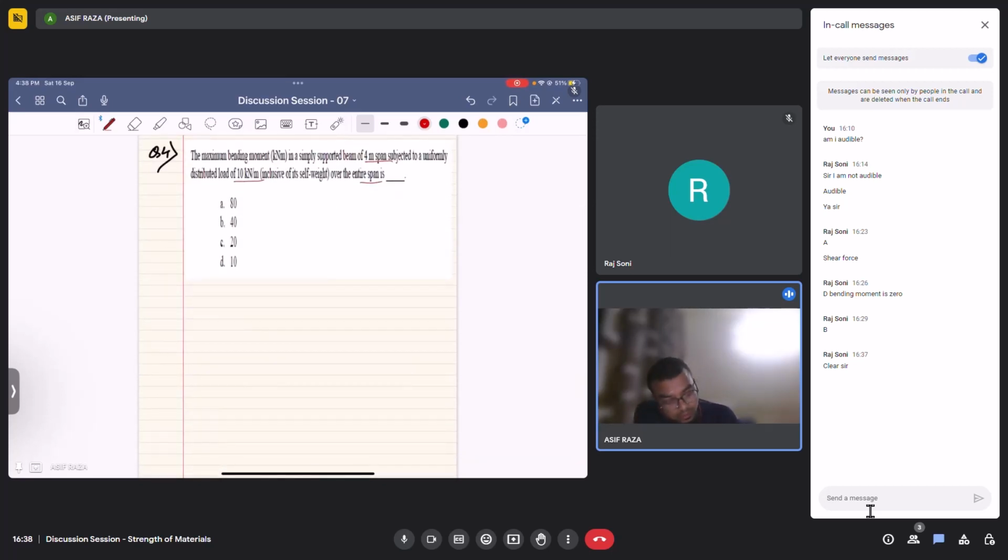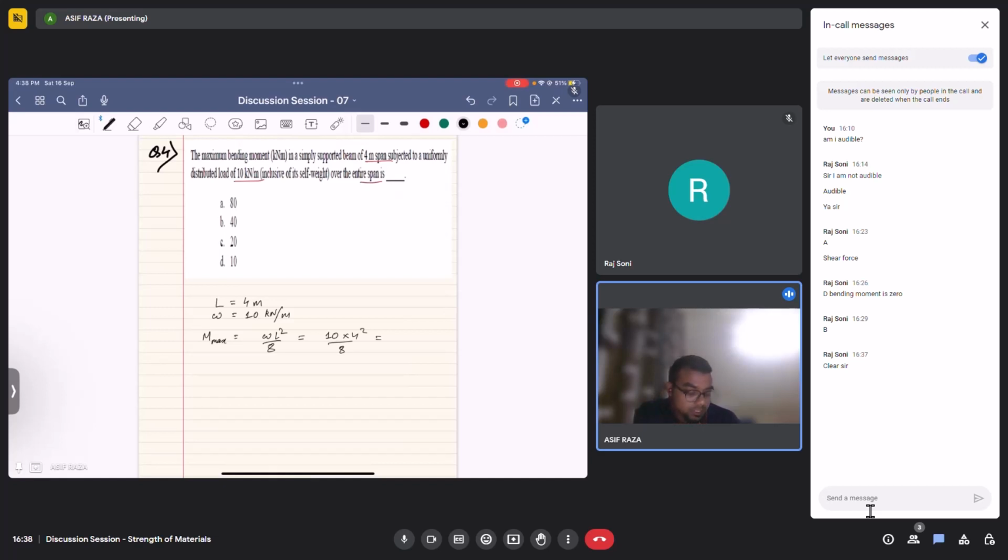First write that the span of this beam is 4 meter, and the uniformly distributed load is 10 kilonewton per meter. So the maximum bending moment would be WL square by 8. Substituting, it is equal to 10 into 4 square by 8.